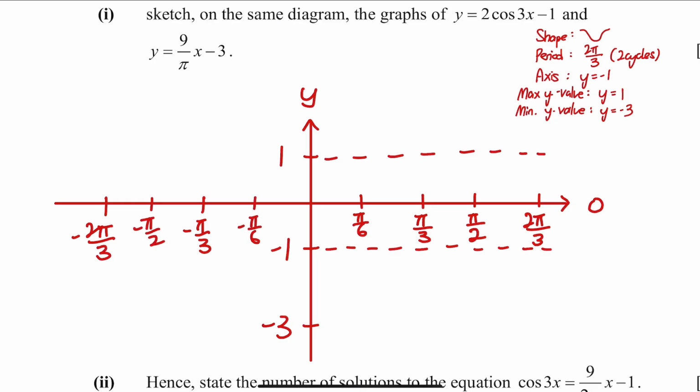Then you can split your graph like this. My graph is a bit harder to draw on my iPad, so you should have much more accurate lines on your own paper.